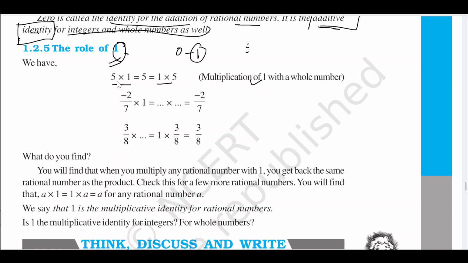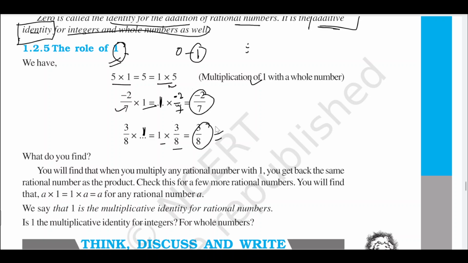We multiply 5 with 1, or we multiplied 1 with 5, it is going to be the same. And we multiplied minus 2 by 7 with 1, it is going to be 1 into minus 2 by 7, nothing is going to be changed. Same result. And 3 by 8 into 1 is equal to 1 into 3 by 8, which is 3 by 8.